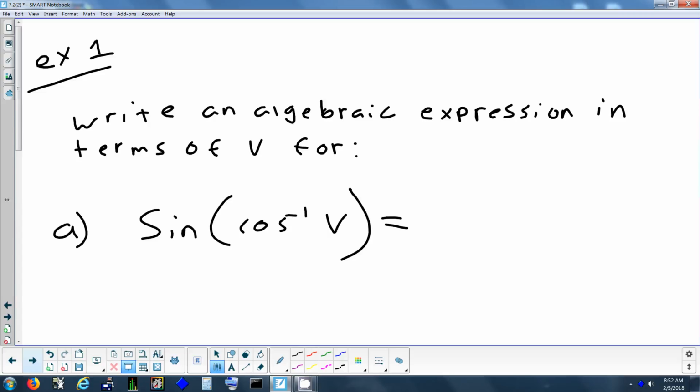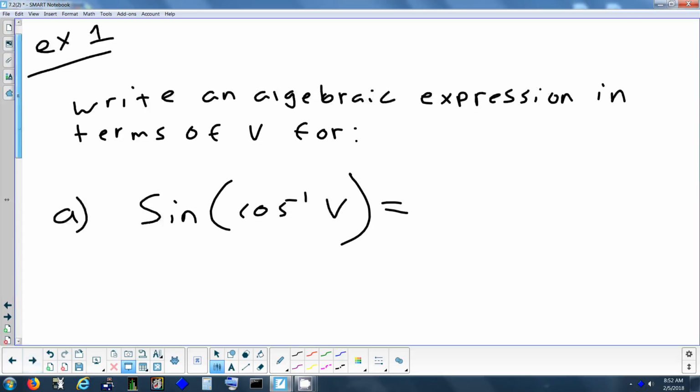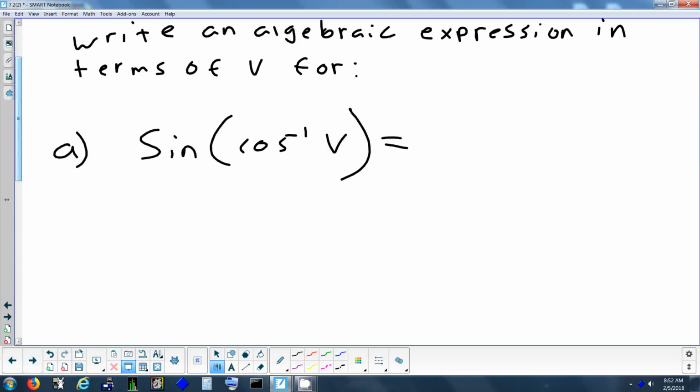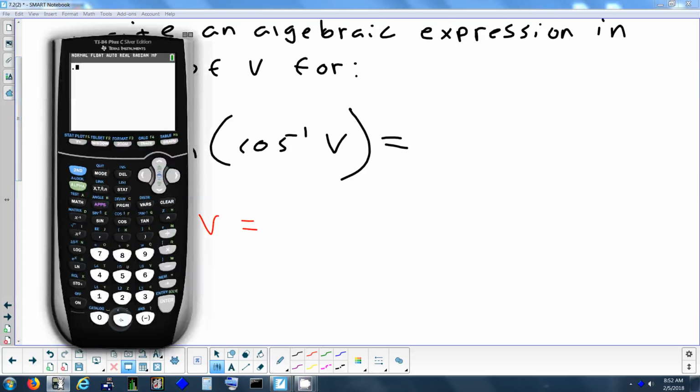The directions say start with the inside trig function. So I'm going to forget about sine for now. I don't even need to worry about that until the very last step. Inverse cosine. Now, on the calculator, if I type in 0.5, and I put that in inverse cosine, I get an answer of 1.05.